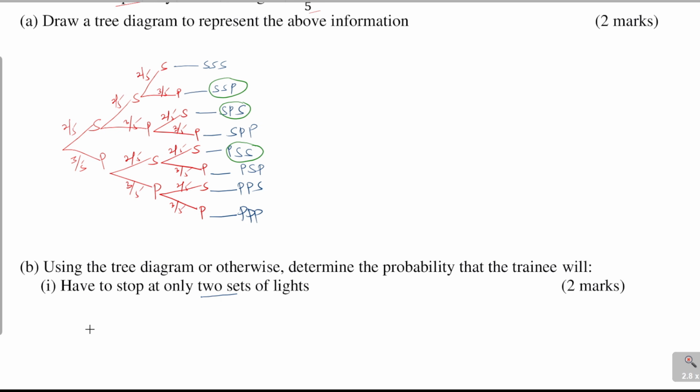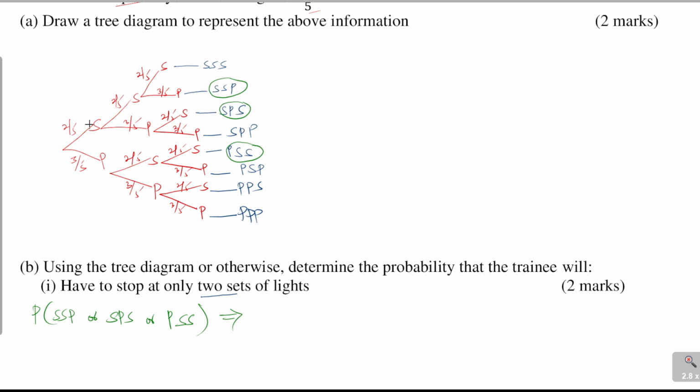So when you're calculating, it will be the probability of SSP or SPS or PSS, that is stop, stop, pass, or stop, pass, stop, or pass, stop, stop. So we go to the first one, stop, stop, pass.